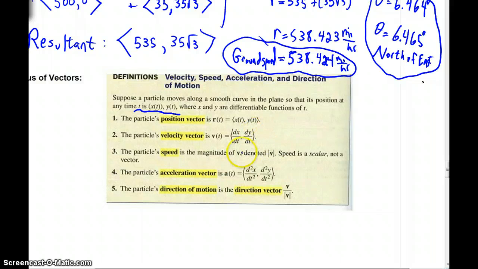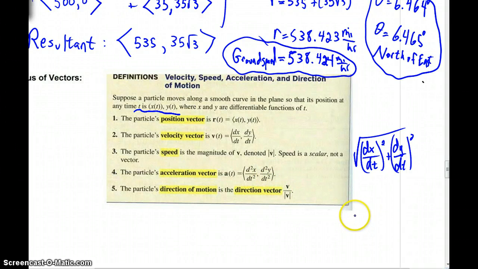If we wanted to take the speed, though, we'd have to take the magnitude of v. So speed is going to be, using the Pythagorean theorem, the square root of dx dt squared plus dy dt squared. Okay, taking an acceleration vector. Again, we're having a vector. That's going to be the second derivative of x with respect to time, second derivative of y with respect to time as well.